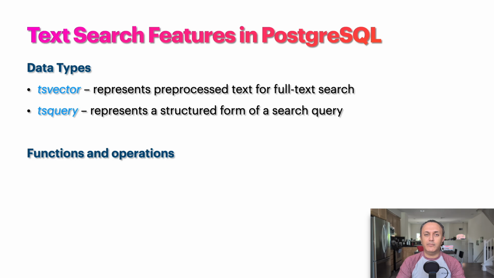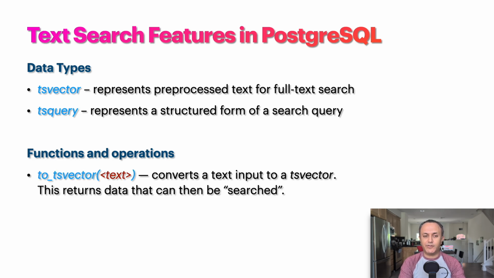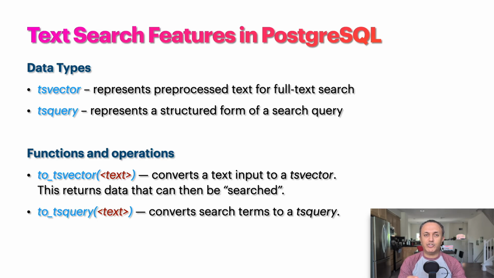Using some new functions. There is a function to_tsvector, which takes a string of text and produces a TS vector. Basically this function does all that pre-processing that we talked about: the tokenization, the stemming, the removal of stop words, and it produces that structured format, which is later used in the search. On the other side, there is to_tsquery, which does something similar with the query text and produces a structured format of it.